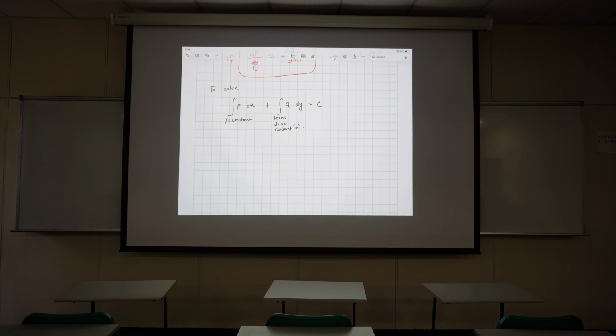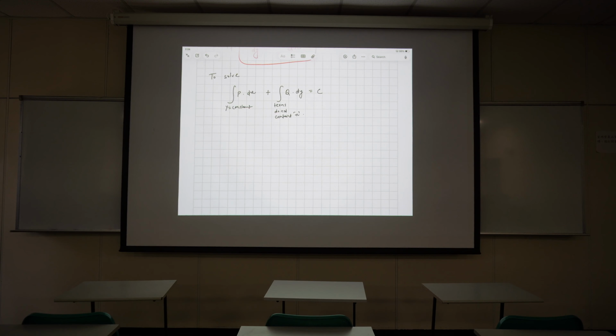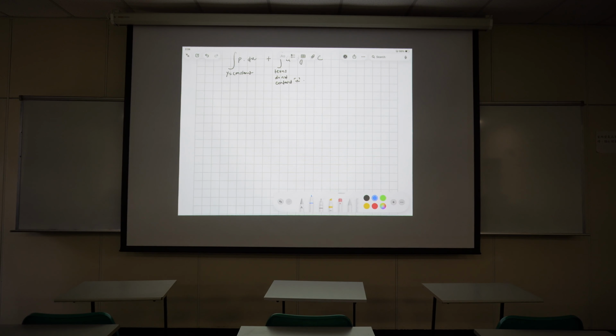Just like the previous case, the solution method. Now the next question is how to find that integrating factor. How to find that integrating factor. So here is the method.